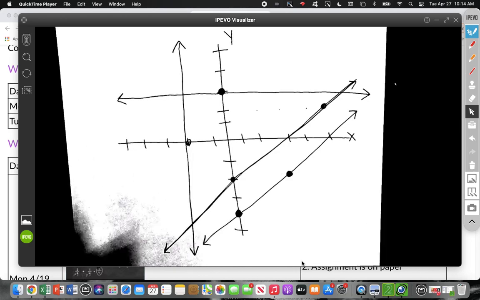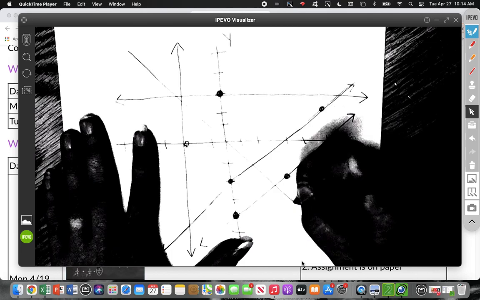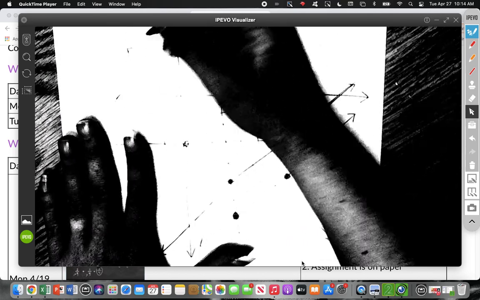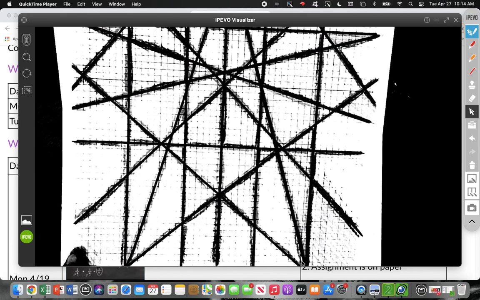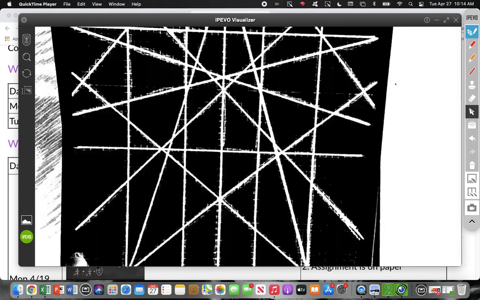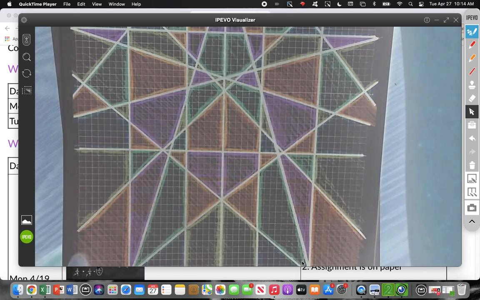Now, I will tell you, you'll probably have a line that goes like this where it goes through 0. So I'm just making that up. So let's just say that you have this, then once you have all of your lines done in pencil, I don't know if you guys can see on this example, it looks like they went over it in color. Let me change that to regular. The black and white doesn't show the color.